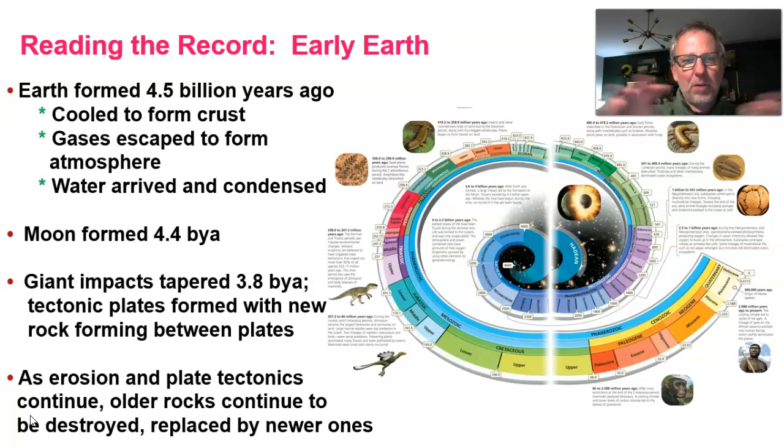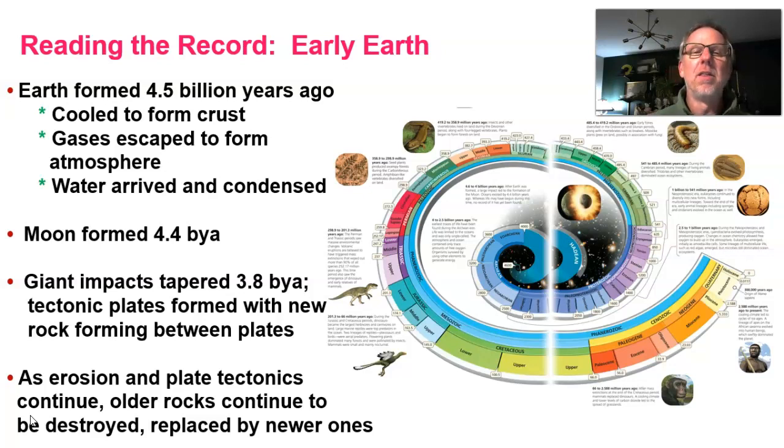And tectonic plates formed in our Earth's crust and began moving around. So the formations of continents and other land masses that are then moving on the surface of the earth. Erosion from rainfall and wind, but especially rainfall, and plate tectonics continued from then on, and older rocks continued to be destroyed, replaced by newer ones.